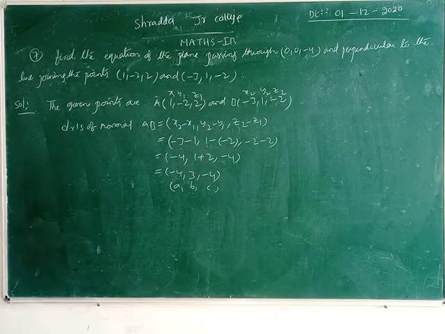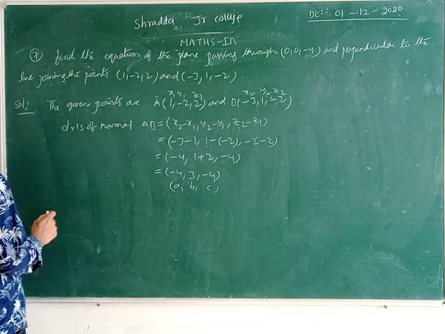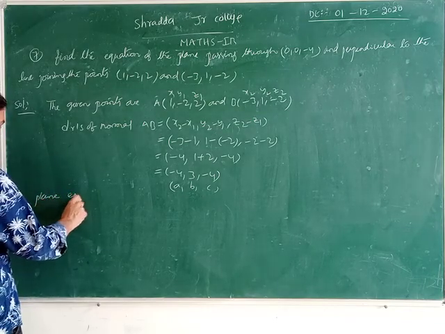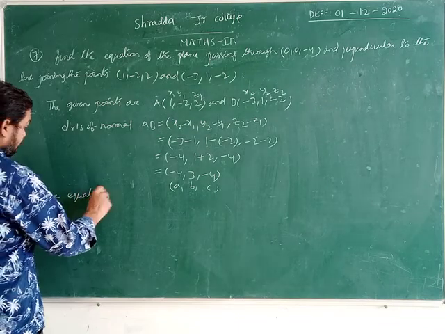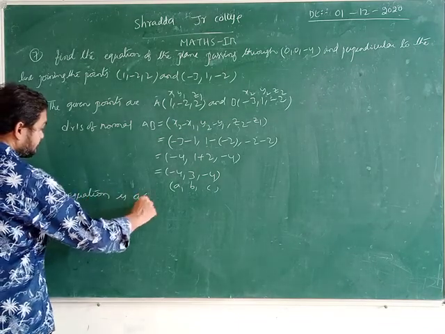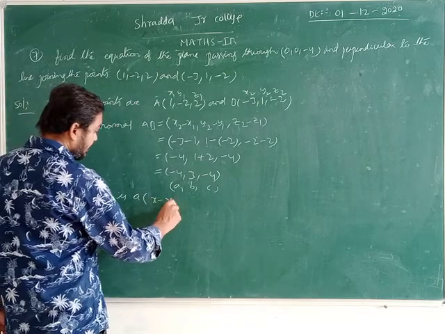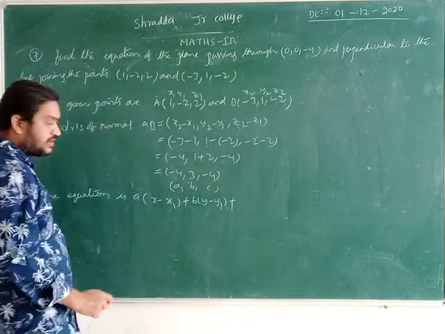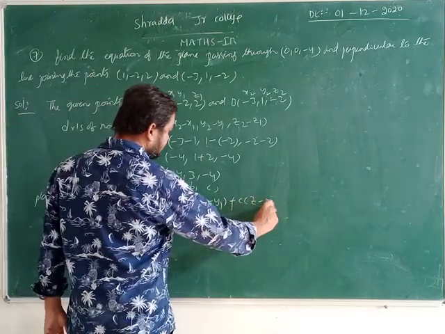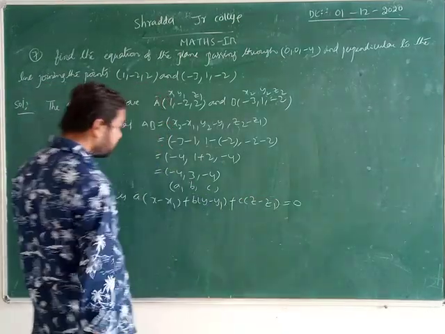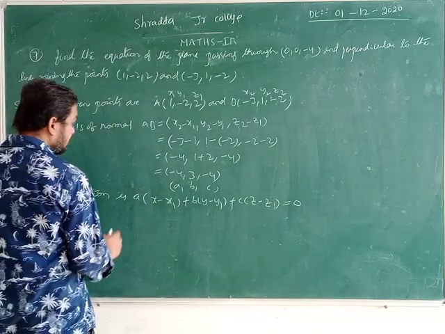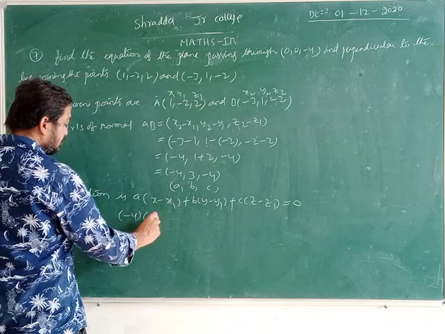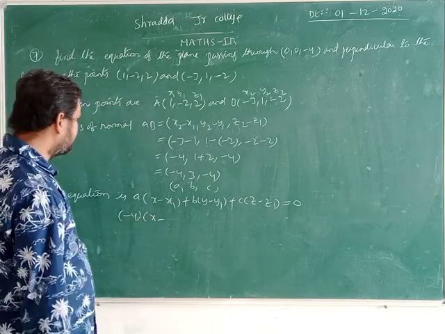The next step. See here, what is our plane equation? The plane equation is a into x minus x1 plus b into y minus y1 plus c into z minus z1 equals 0. Now see here, what are a, b, c? That is minus 4 into x minus x1.